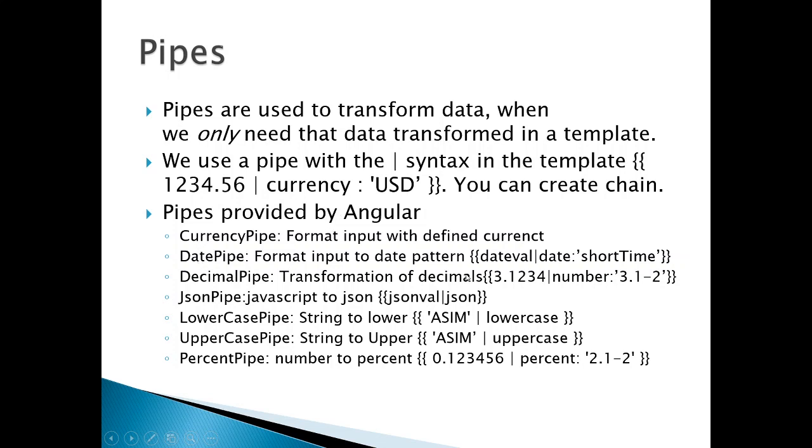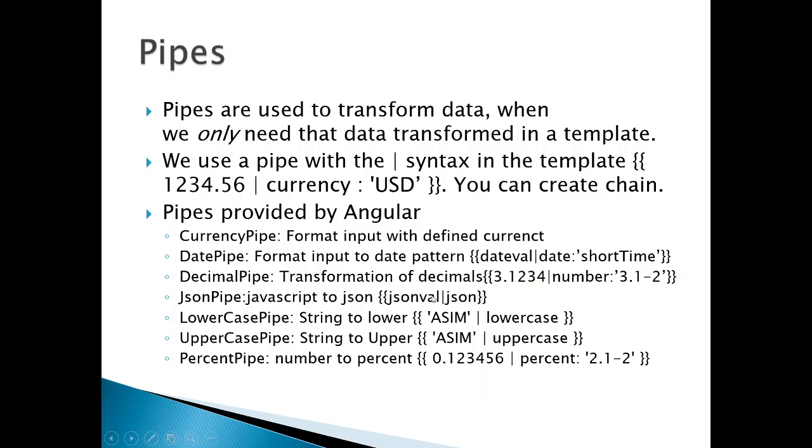Then you can convert any information, any string, into a date format if it is applicable. So what we are doing, we are providing the date, then a pipe sign, then the type of pipe which we want to apply, and we are defining its default value. So by default, date will be in the short time format. Only the short time format will be extracted from this.